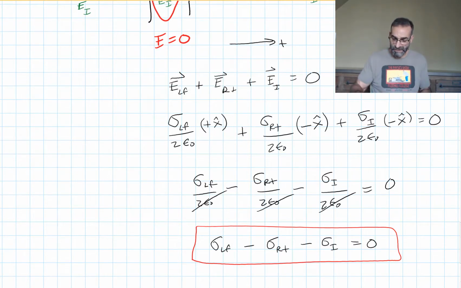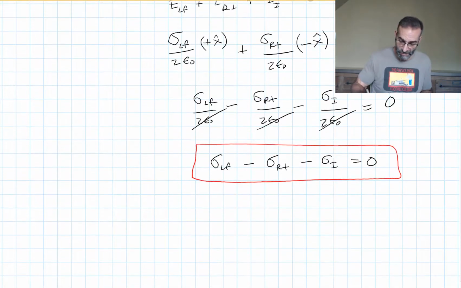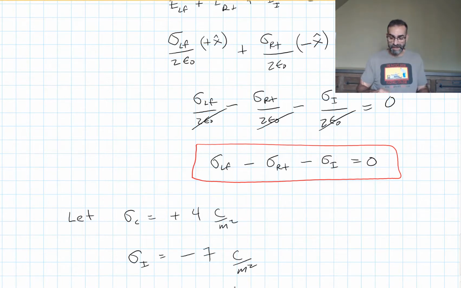If you'd like, we can just throw in some numbers and solve it real quickly. Let sigma conductor be, what should it be? Positive 4 coulombs per meter squared. And let sigma insulator be, what would you like? How about negative 7 coulombs per meter squared?